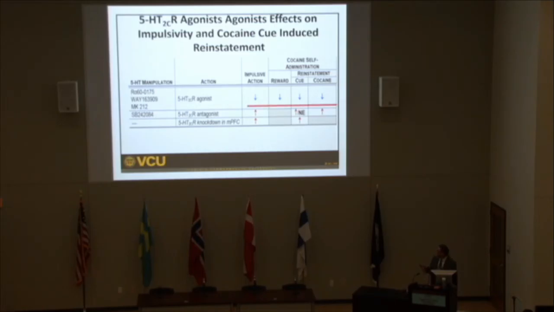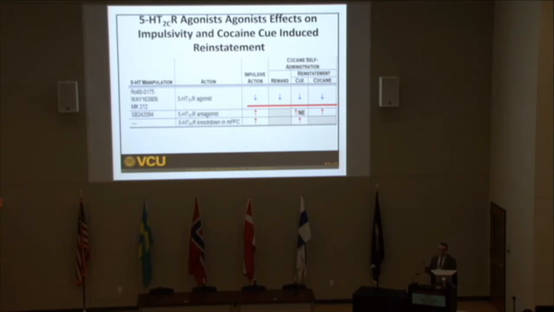So this just shows you that the 2C agonists, based on a number of different studies and different 2C agonists, support that this is a potential mechanism to treat both impulsive action as well as cue reactivity and drug self-administration. Now there's some interesting data coming out of Kathy Cunningham's lab as well as other labs that not only do the 2C agonists reduce self-administration and cue reactivity for cocaine, but they also reduce self-administration for nicotine and most recently for oxycodone.